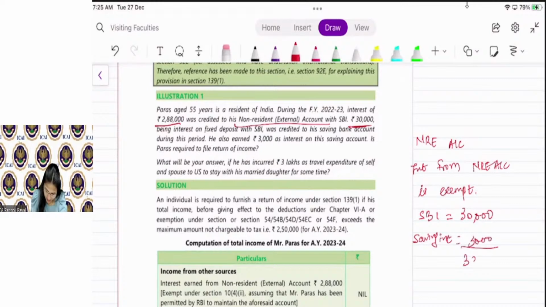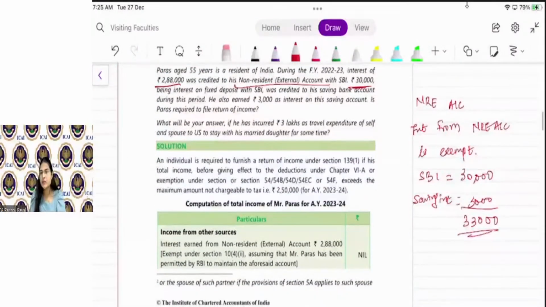Here the deduction under Section 80TTA, that is 3,000 from savings interest, is available, but my income before claiming deduction under Chapter 6A is less than 2,50,000. So Mr. Paras is not required to file return of income within the due date compulsorily.